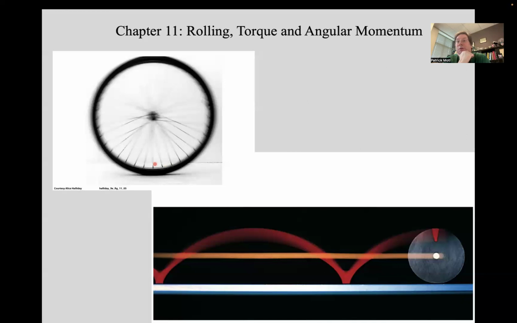In fact, that is what is going on. For rolling of this wheel to happen, it's not just that it's rotating in place, it's also translating simultaneously. And as we'll see, the point of contact between the wheel and the ground is instantaneously at rest.